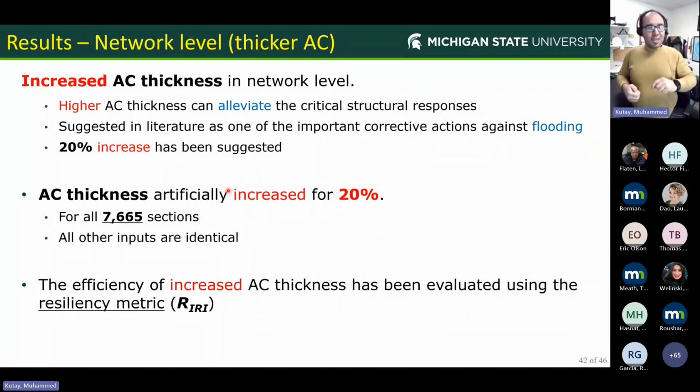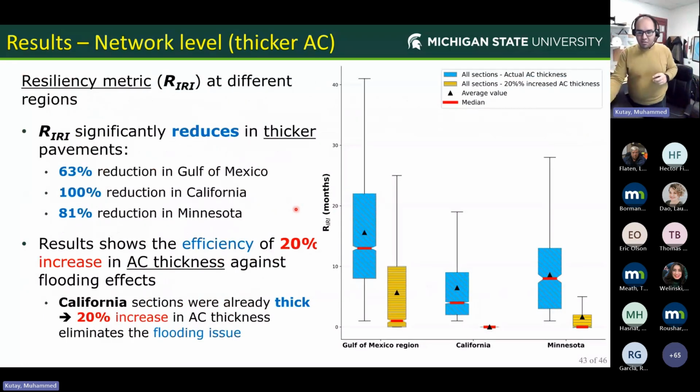So here we ran the whole network with 7,665 sections, but we artificially increased the AC thickness by 20%. When we run UPDAPS again, for example for the Gulf of Mexico, California, and Minnesota, the blue bar shows all sections with the actual AC thicknesses coming from the HPMS, and the yellow bar shows when you increase the AC thickness by 20%.